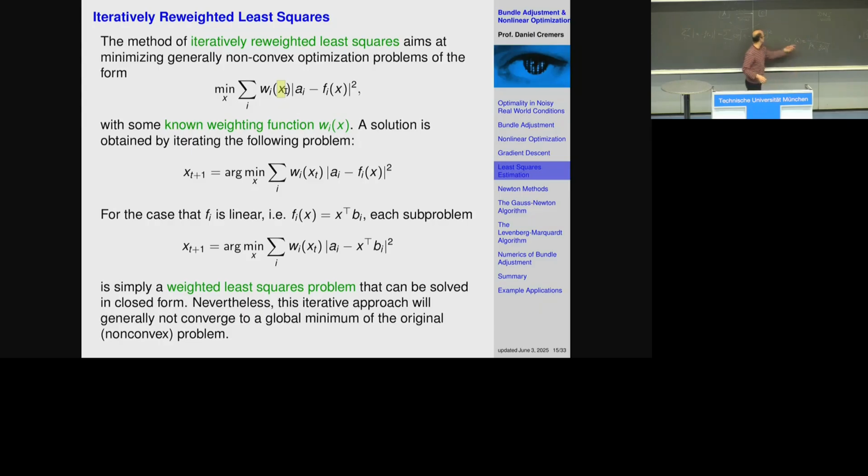Right, and you see if you insert that weight in here, you get exactly this expression.